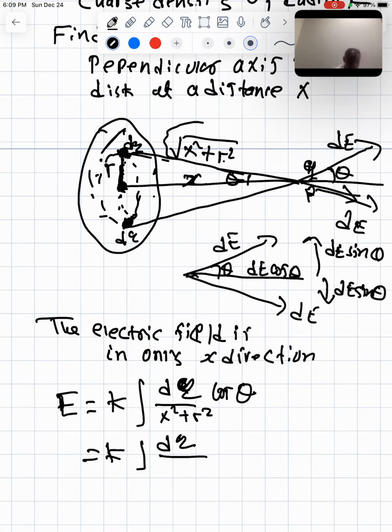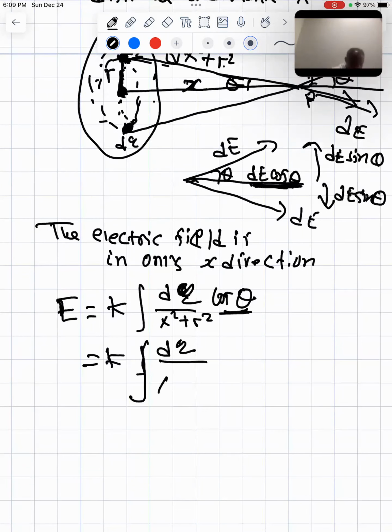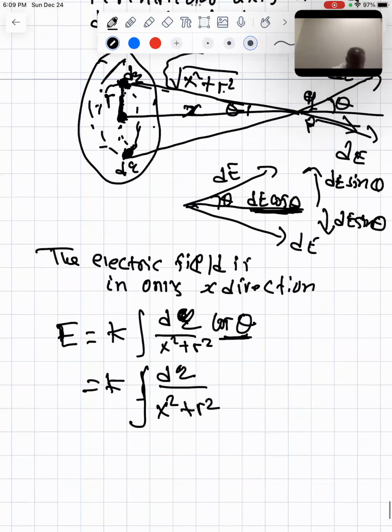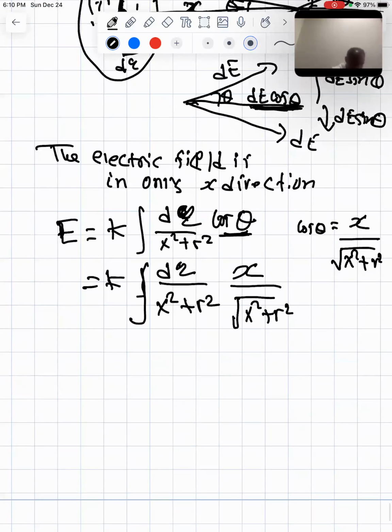And times cosine of theta, because the electric field is only in the x direction. Cosine of theta is adjacent over hypotenuse. This cosine of theta takes care of the direction of the electric field.